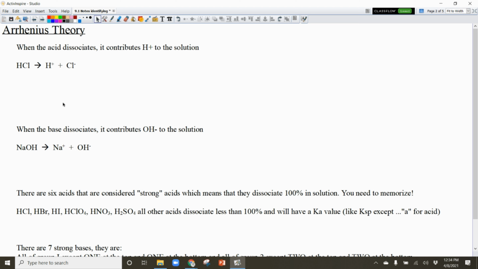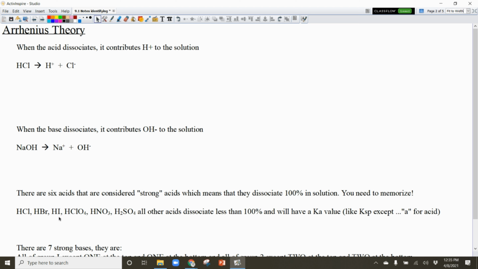Some are as low as 0.01% or even lower, and some are as high as 98, 99%. But they're still considered to be weak acids because they don't dissociate 100%. Okay, and so these 6 acids you need to memorize are HCl, HBr, and HI. So it's in the halogen group. It's not fluorine, though.